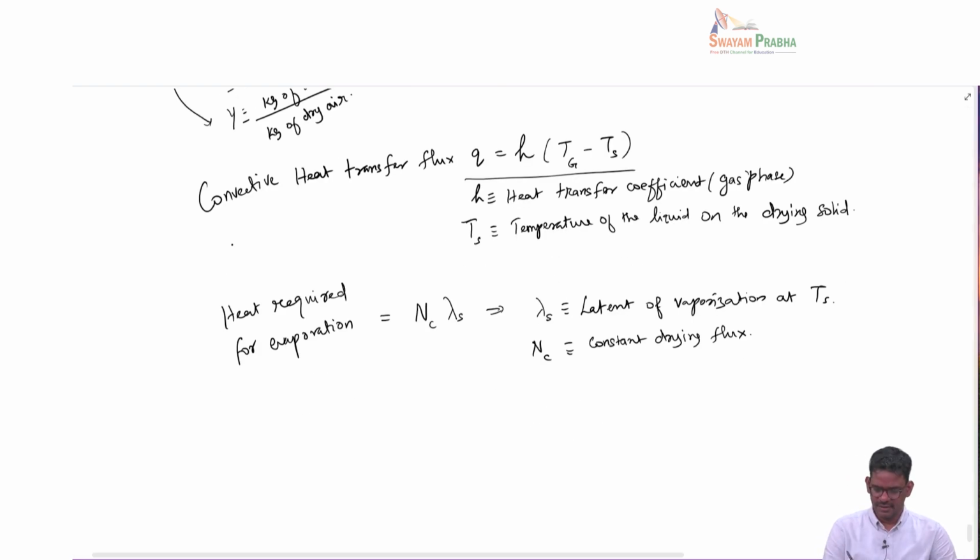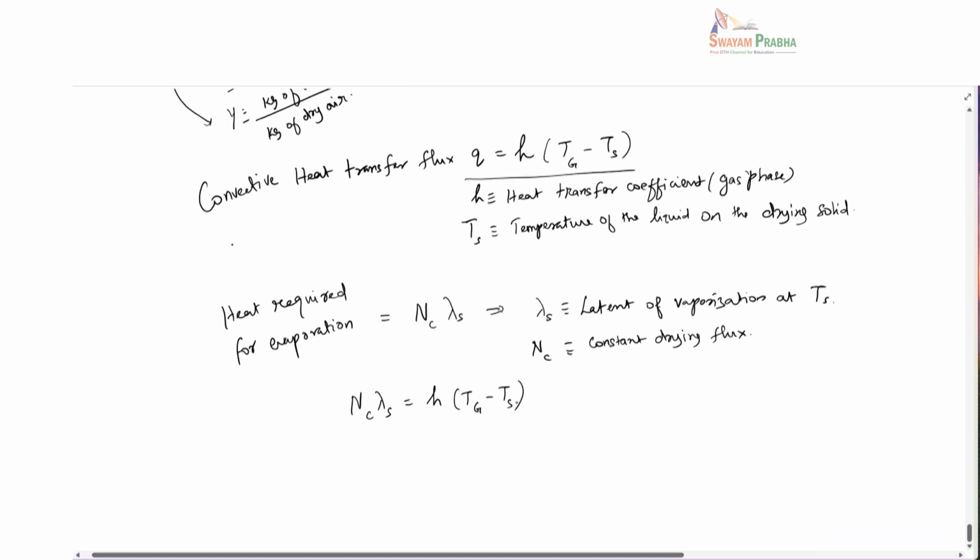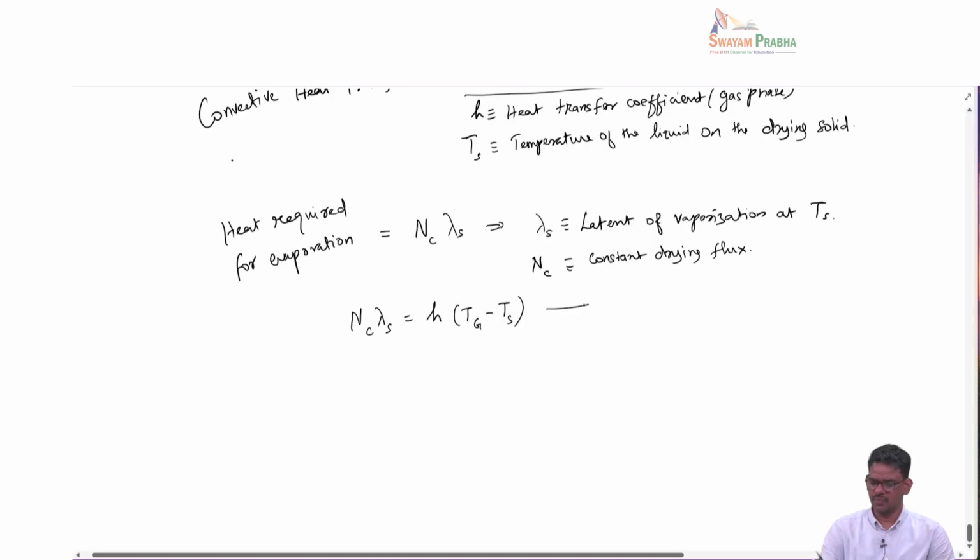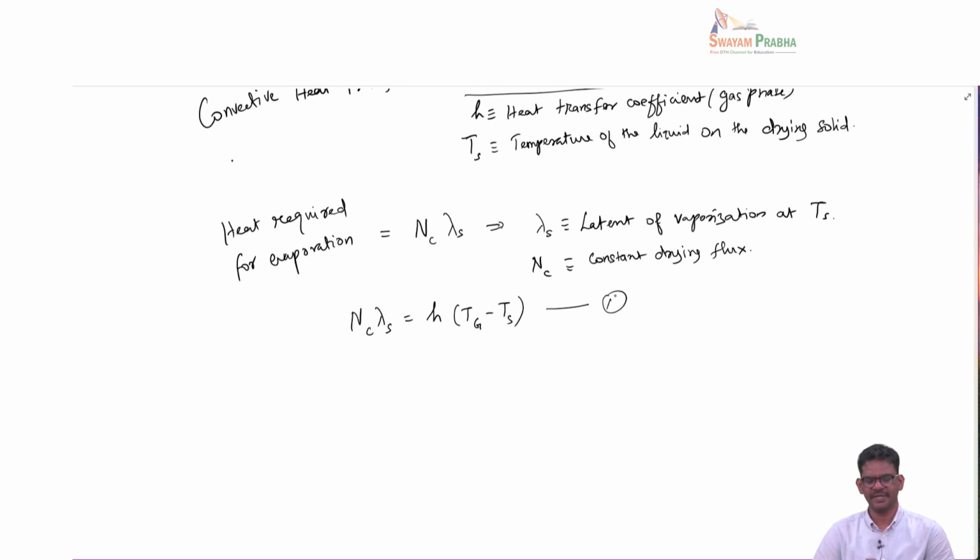So we have Nc lambda S is equal to H times Tg minus Ts. So this is one equation that says the heat required for evaporation is basically supplied by the convective heat transfer from the gas.